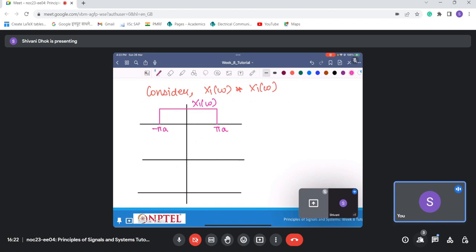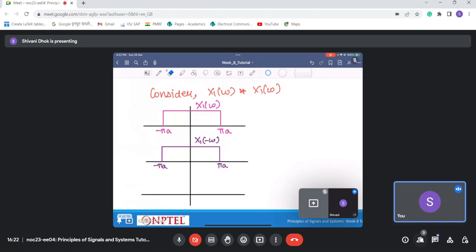If we flip it, it will remain the same because it is symmetric with respect to this vertical axis. This is basically showing an even symmetry. So if I flip it, it will look exactly the same. So this is x1 of minus omega, again from minus pi a to pi a.